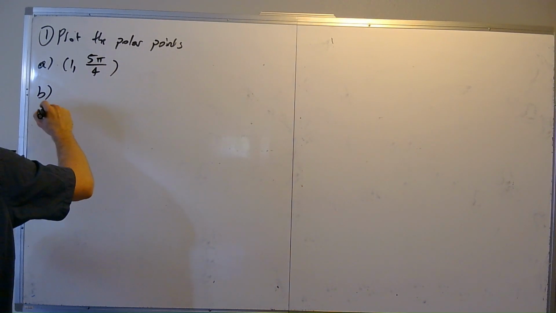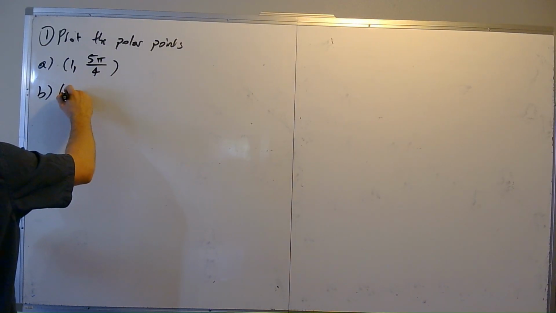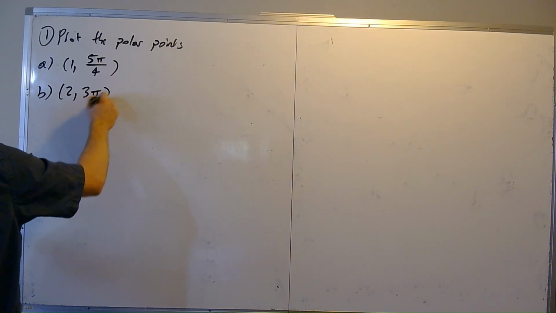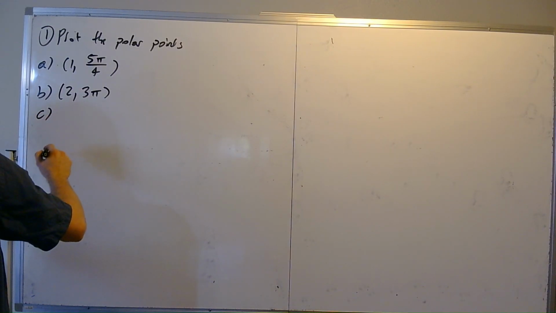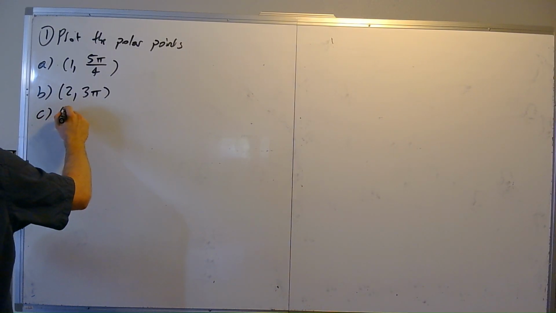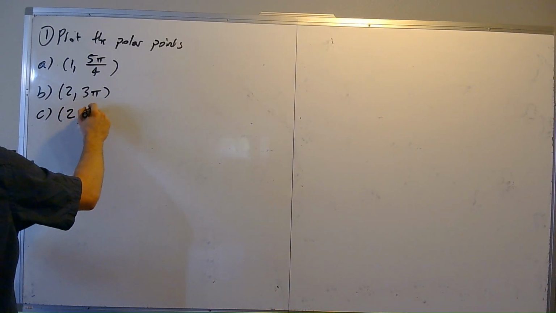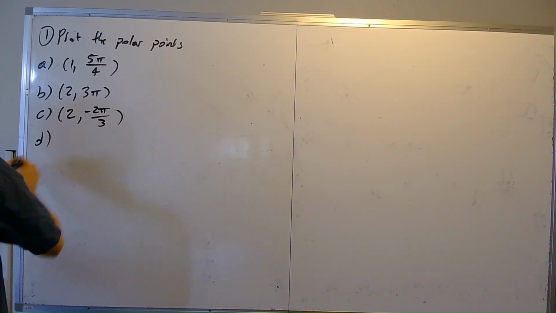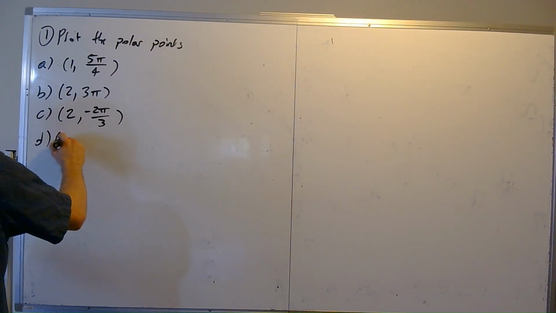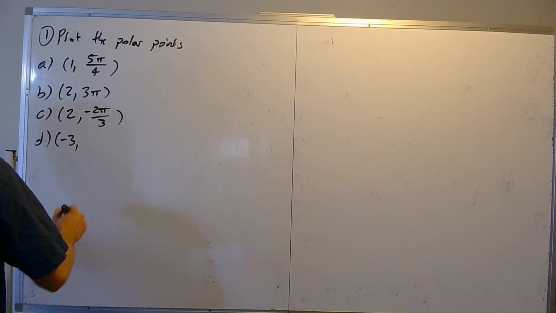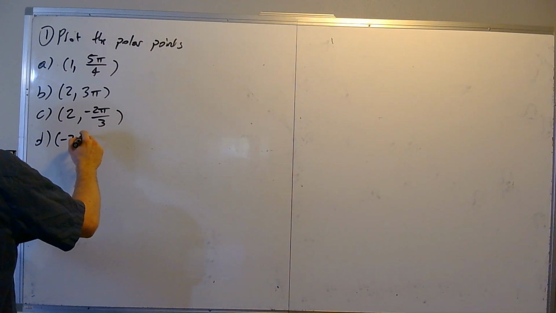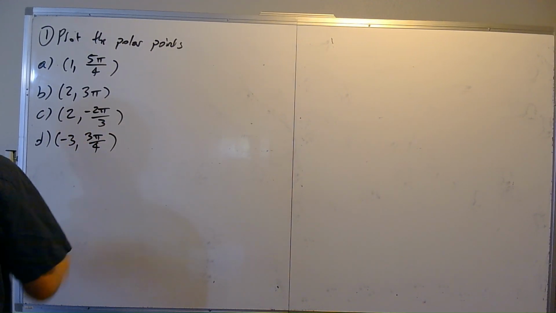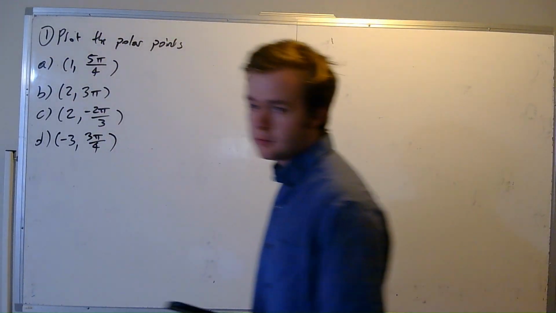Part B is going to be (2, 3 pi). Part C is going to be (2, negative 2 pi over 3). And part D is going to be (negative 3, 3 pi over 4). Okay, so we've got to plot all of these points.